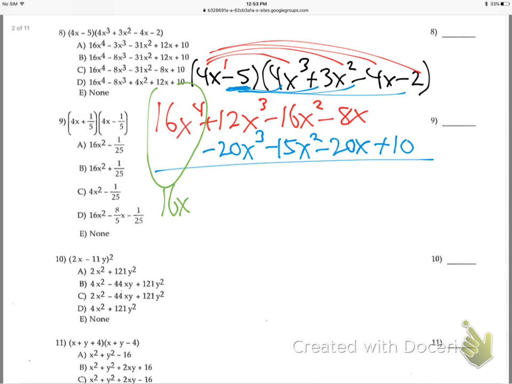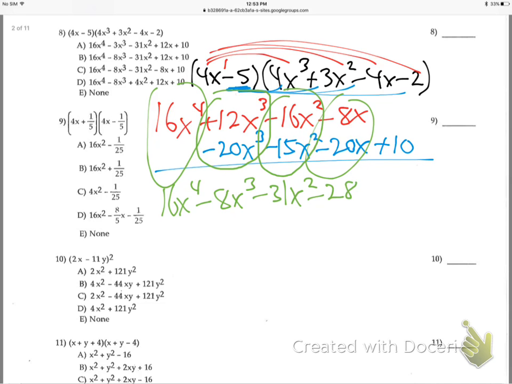So 16x to the 4th. 12 minus 20 is minus 8x cubed. Minus 15 minus 16 is minus 31x squared. Minus 8 minus 20 is minus 28x plus 10. There we go. Everybody okay with all that mess? Just a real messy one, huh?